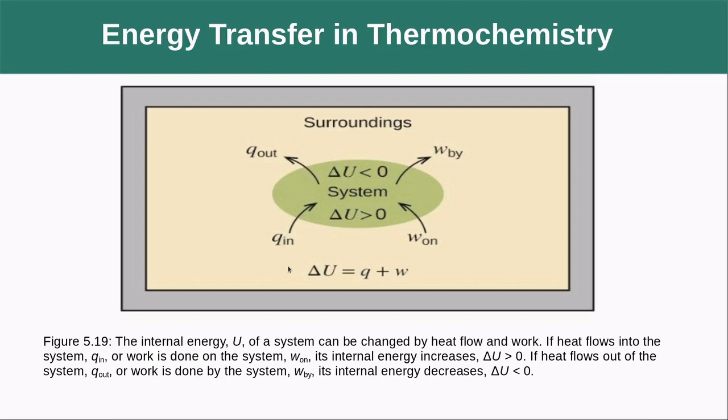You could have a process whereby, say, heat goes in and work comes out, but if the work coming out is not as large as the heat going in, the system ultimately gains internal energy. Similarly, you could have a system where work goes in and heat comes out, but there's more heat that comes out than work goes in, and then the system winds up losing energy. So you have to realize that all of these are possibilities.